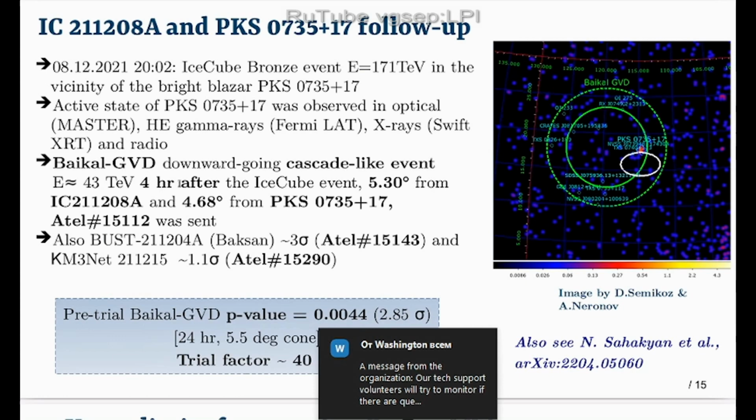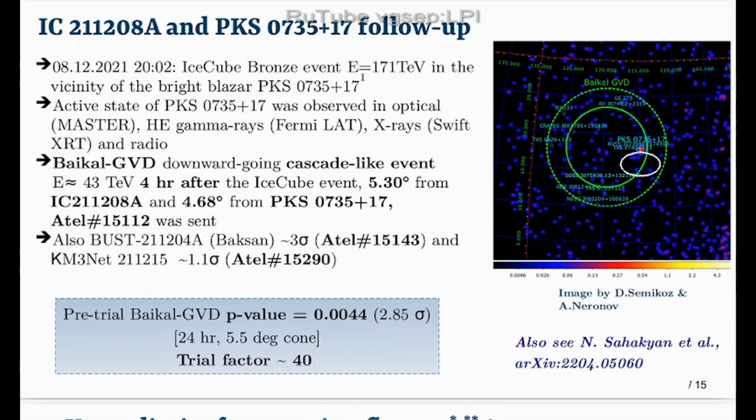It came 4 hours after this IceCube event, in a cone of 5.3 degrees from the IceCube event, and in a cone of less than 5 degrees from the blazar.